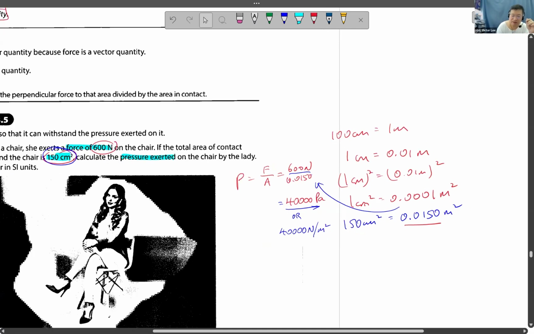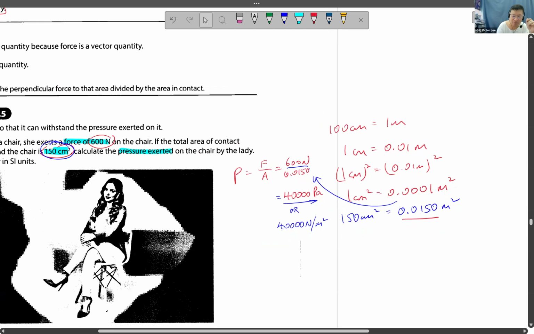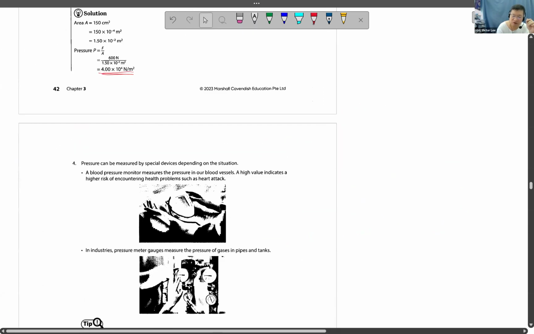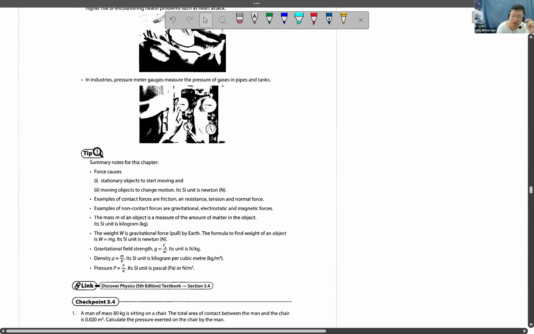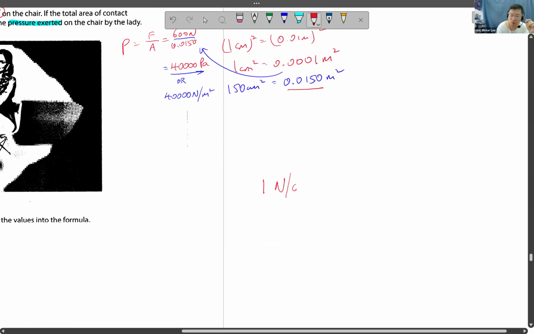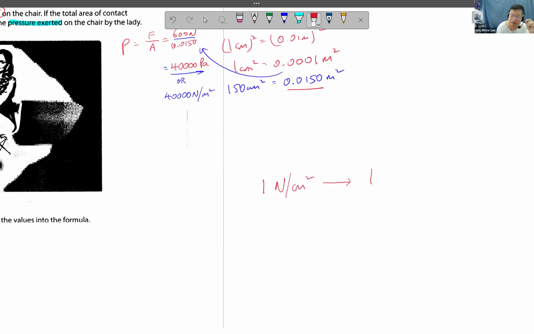Yeah, here, look at this. It depends on what they want you to do. Okay, so let me show the unit conversion. For example, 1 Newton per cm square. If I want to convert to something, how many Newton per meter square? That's what they mean, unit conversion. From per unit cm square, convert to per meter square.